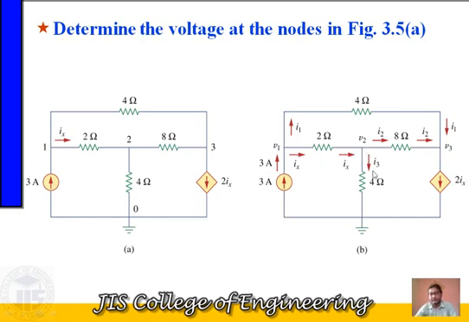Similarly we have considered I3 as the current going up to down, I2 again left to right, and for node 3, where the voltage is V3, we have already considered this I2 current left to right, and this I1 current going out from node 1 and going into node 3.